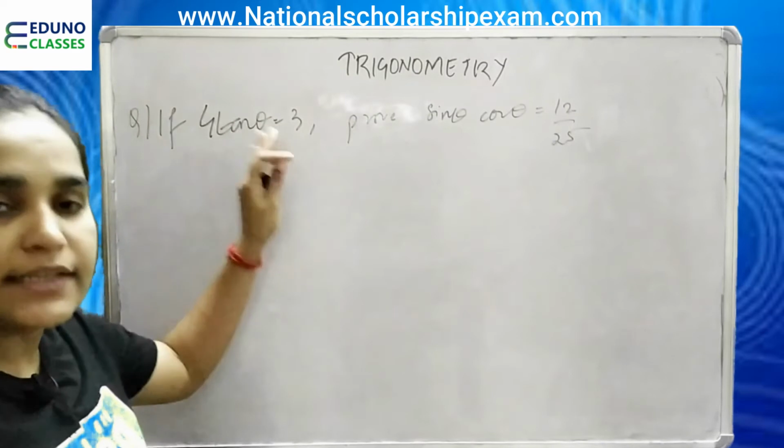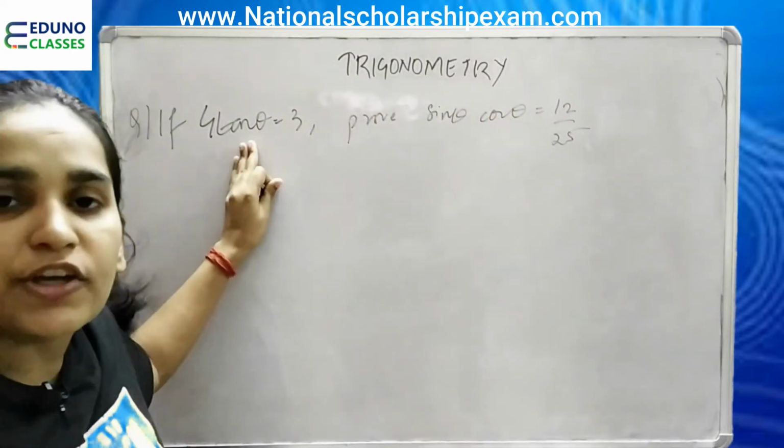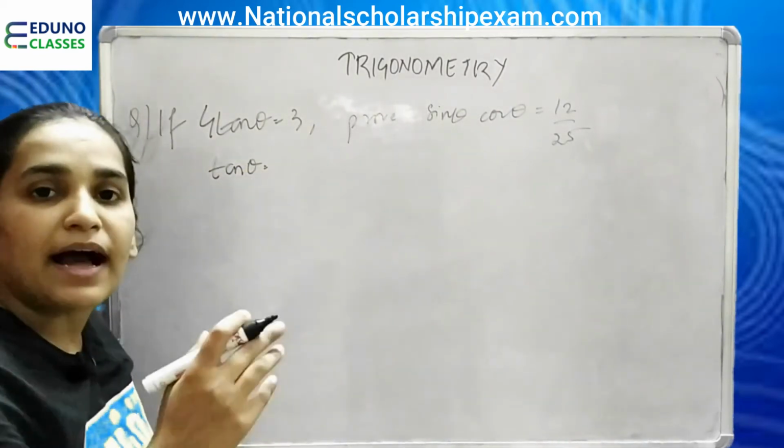With the help of this relation which is given to you, you have to find other trigonometric ratios. One trigonometric ratio is given to you. What is it? Tan theta is 3 by 4.